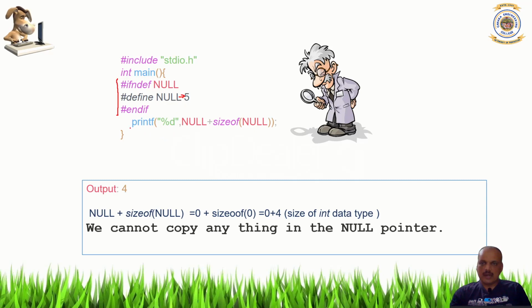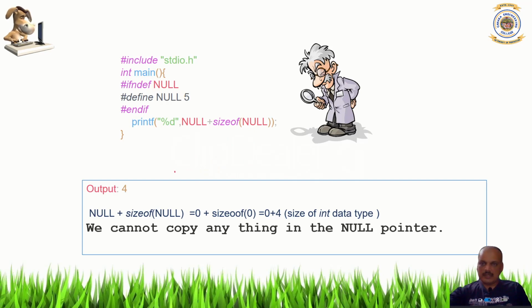Then I have a print function which prints %d, NULL plus sizeof NULL. The output that you expected would have been, say, 5 plus 4, might be 9. But that's not how it works.